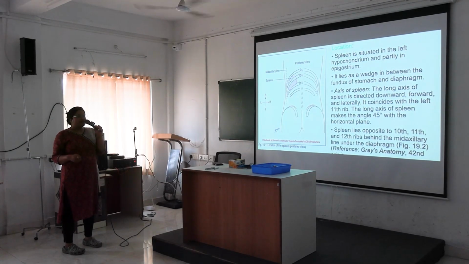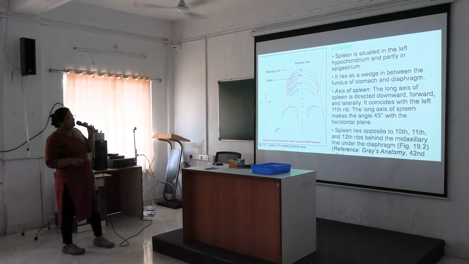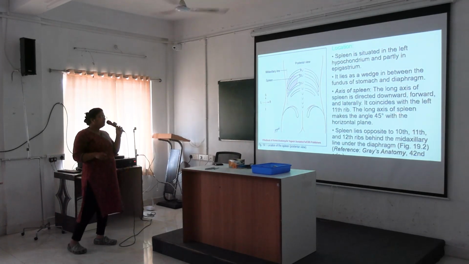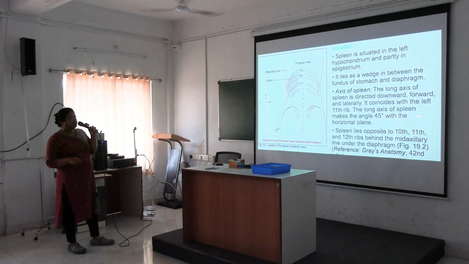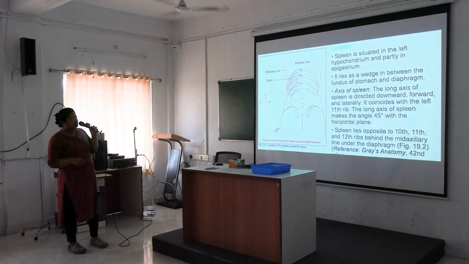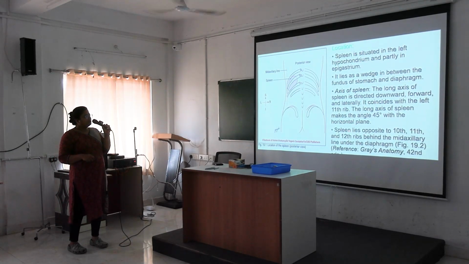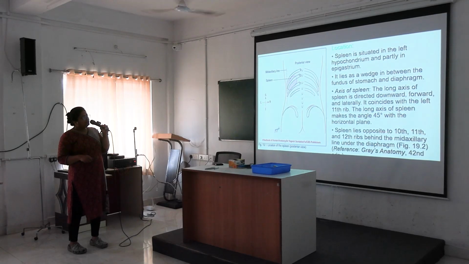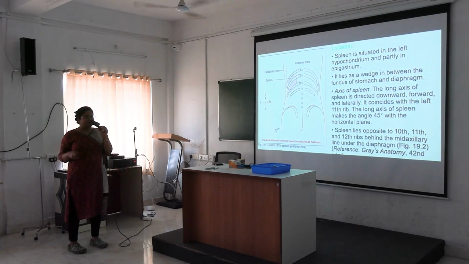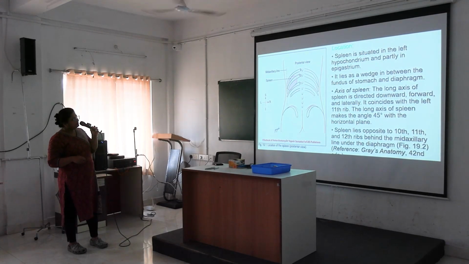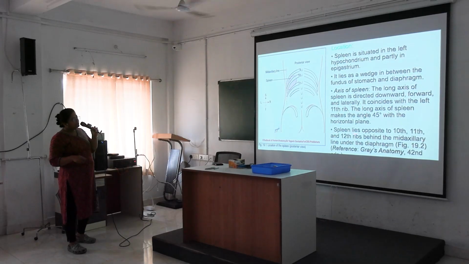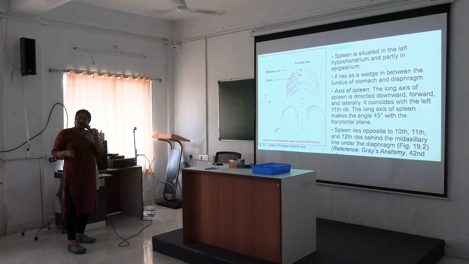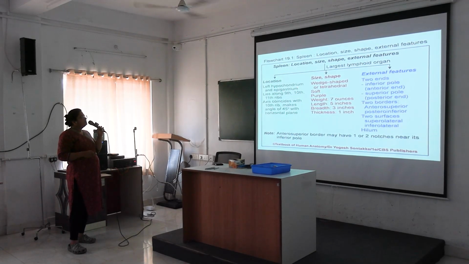The axis is formed by the 10th rib, and the long axis of the spleen makes an angle of about 45 degrees with the horizontal plane. The spleen lies opposite the 9th, 10th and 11th ribs behind the mid-axillary line, under the diaphragm.